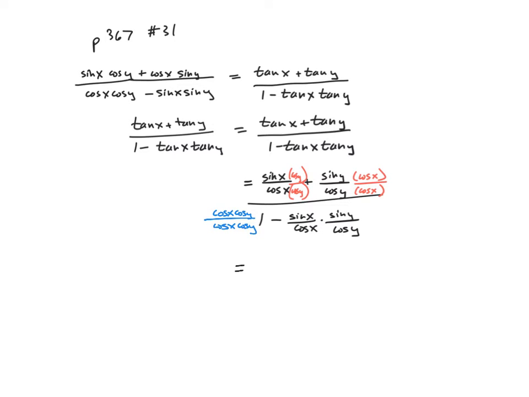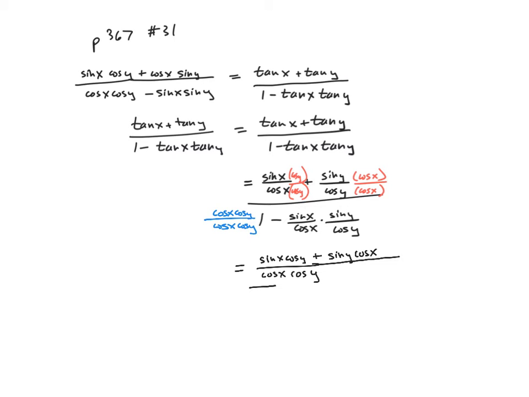So on the top I'm going to end up with the sine of x cosine of y over the cosine of x cosine of y. And then, since that is my common denominator, I'm just going to write the other numerator, the sine of y times the cosine of x.